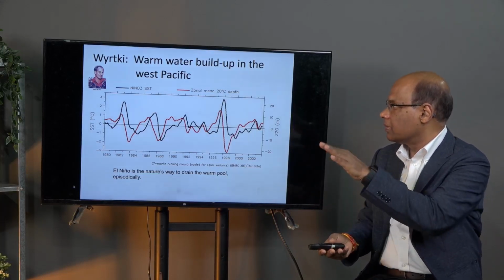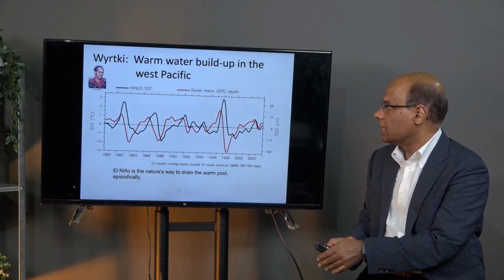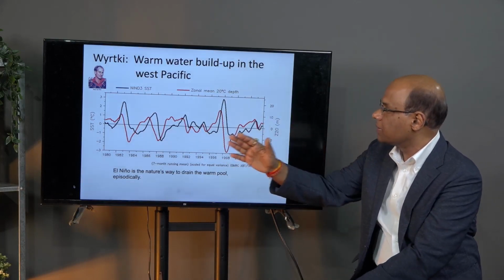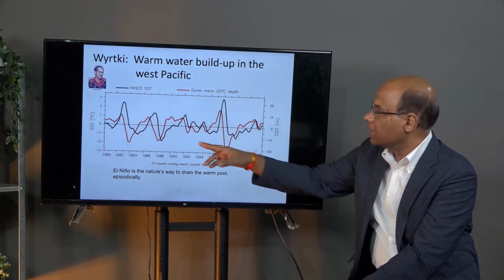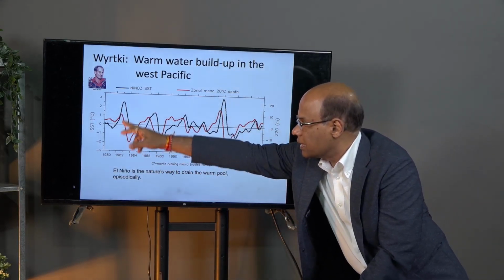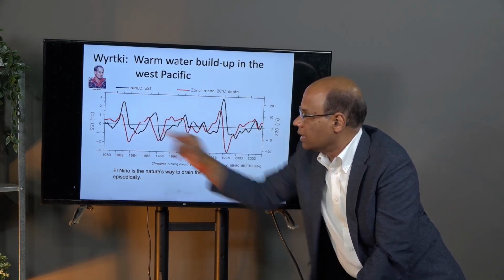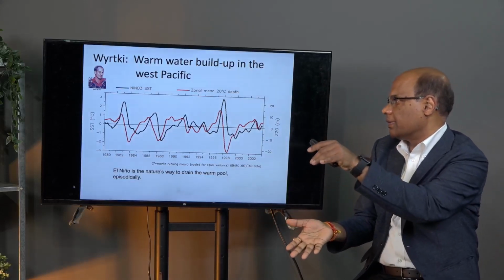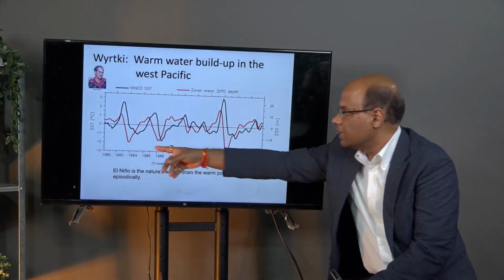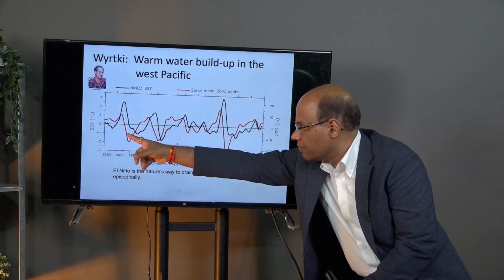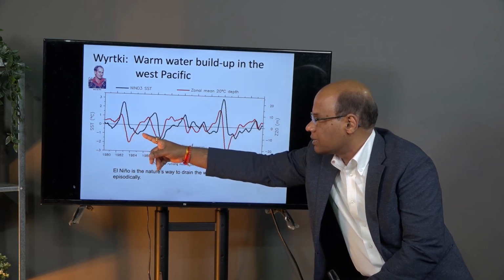So that is the depth up to which the subsurface temperature is 20 degrees centigrade. Usually the western side has greater depth because all the water is accumulating on the western side. And if you take the average, you can see that before an El Nino happened, like in 1982, the warm water volume was very high, and then it releases to the eastern side. The El Nino happened. Once it releases the heat, the warm water volume decreases to lower values, and that leads to La Nina.